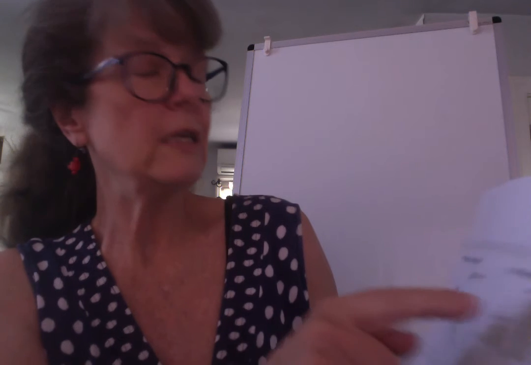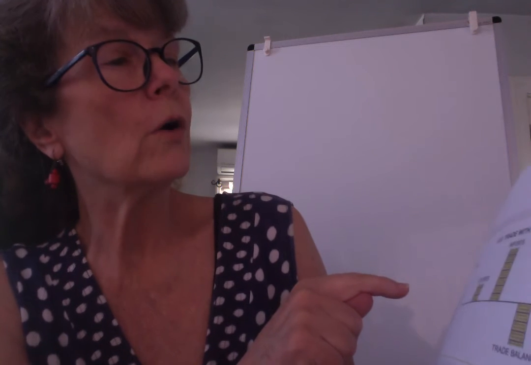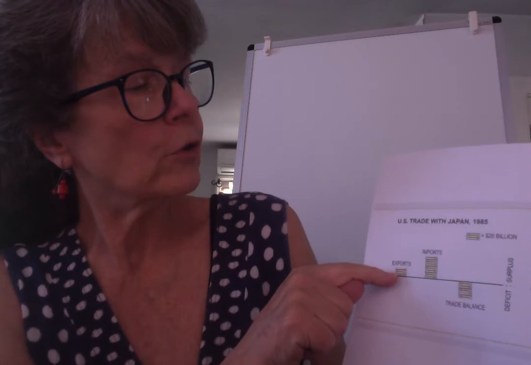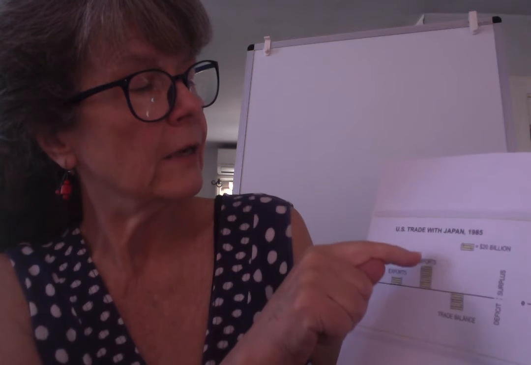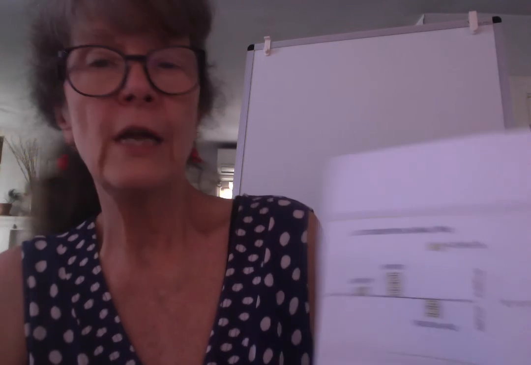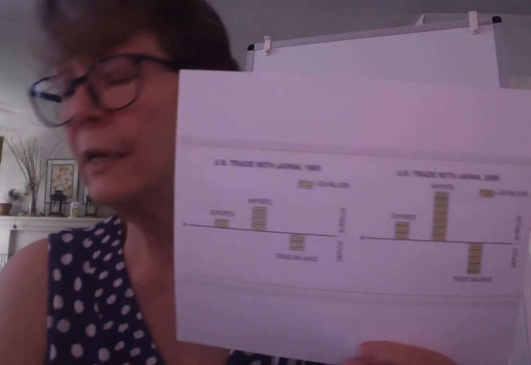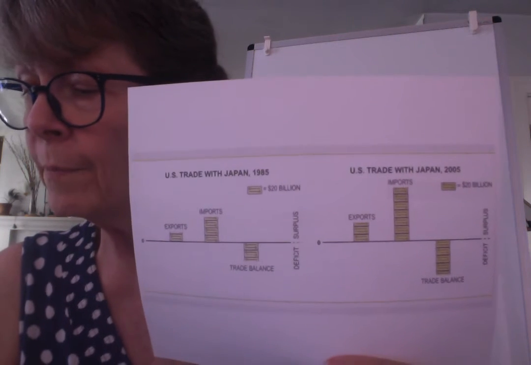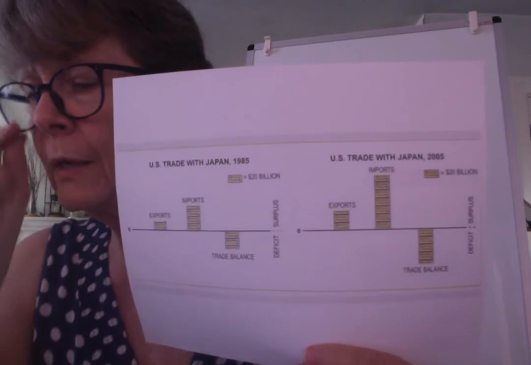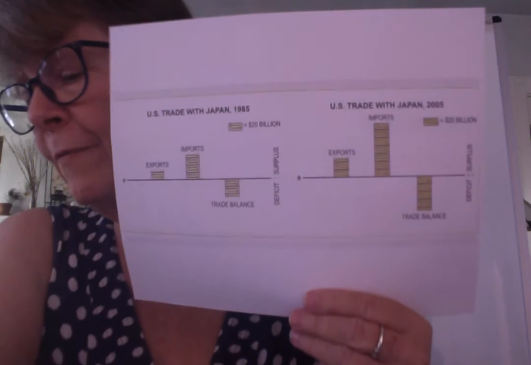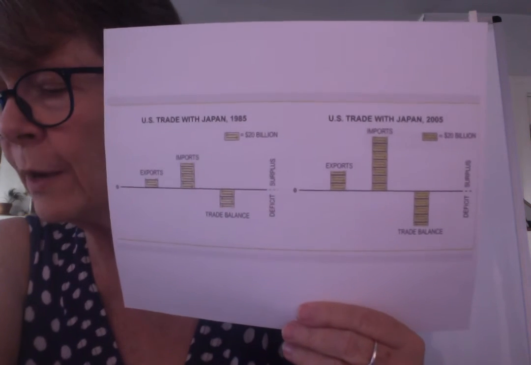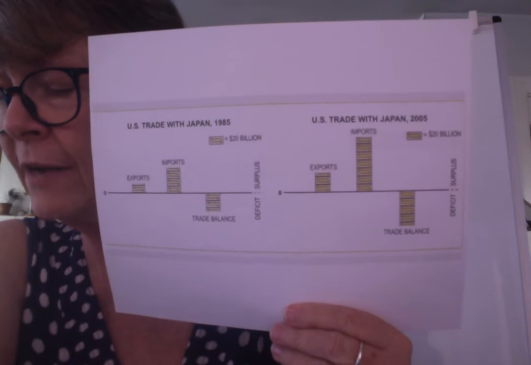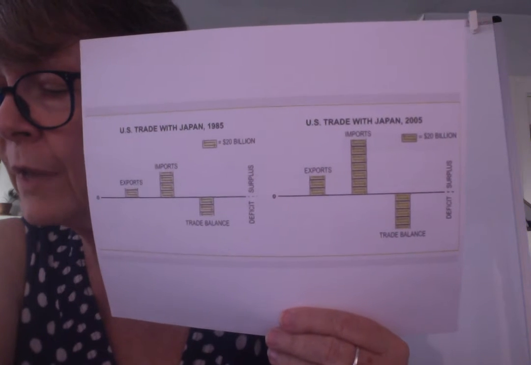Each one of these is 20 billion. So we exported about 20 billion. We imported 20, 40, 60, and about 10 more. So 70. The value of U.S. exports more than doubled, a little more than doubled between 1985 and 2005.